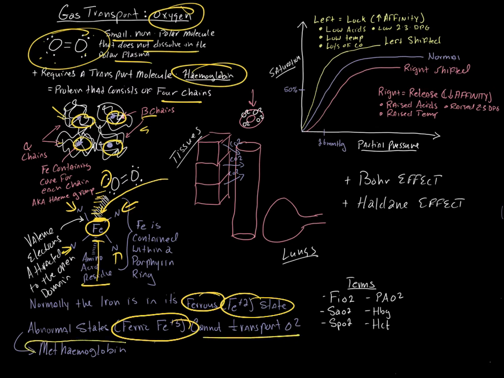This is also known as methemoglobin. Methemoglobin is where generally some sort of poison or toxin has changed the hemoglobin from its ferrous state into its ferric state, and it is no longer able to coordinate successfully with oxygen. And we call that methemoglobinemia when that occurs.